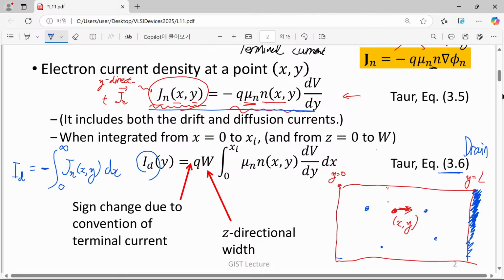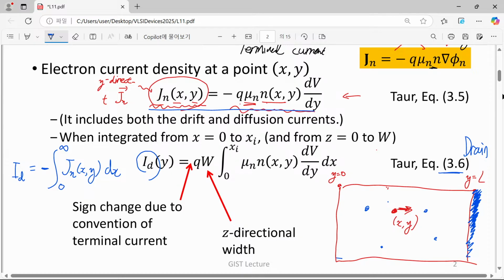We must do it. But if you are careful, or if you are following my lecture progress, you will find that my previous statement is somewhat wrong. I emphasized that in order to calculate the drain current, we must perform the integration over the drain contact.